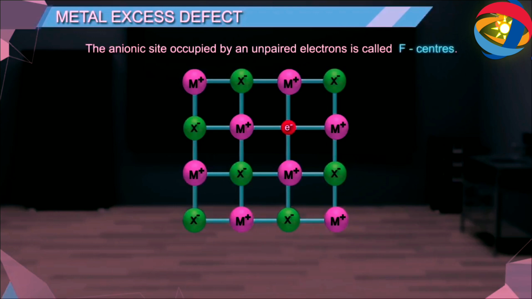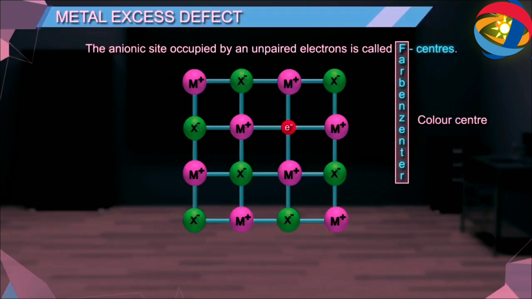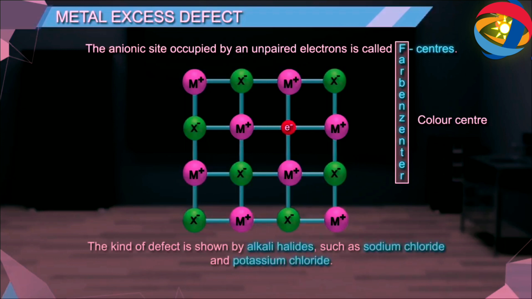The anionic site occupied by an unpaired electron is called F center, where F stands for Farbenzentrum, a German word for color center. F centers are responsible for the color of the compound. This kind of defect is shown by alkali halides, such as sodium chloride and potassium chloride.